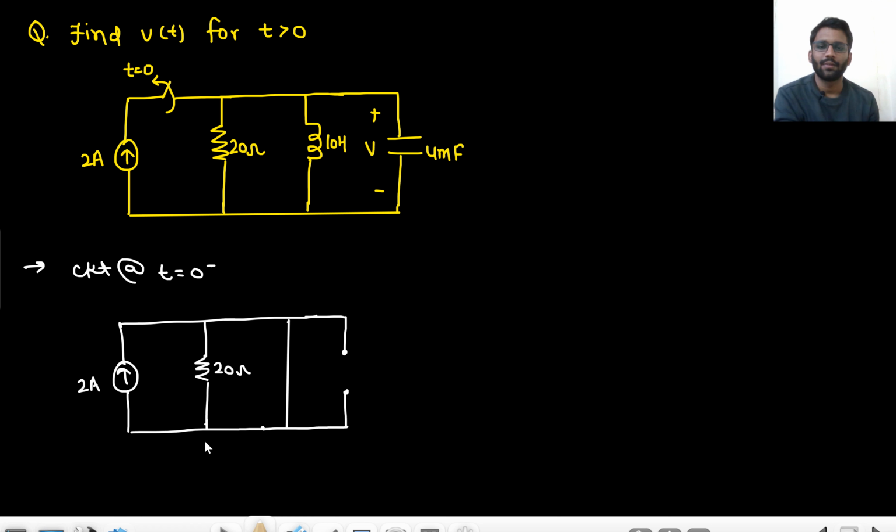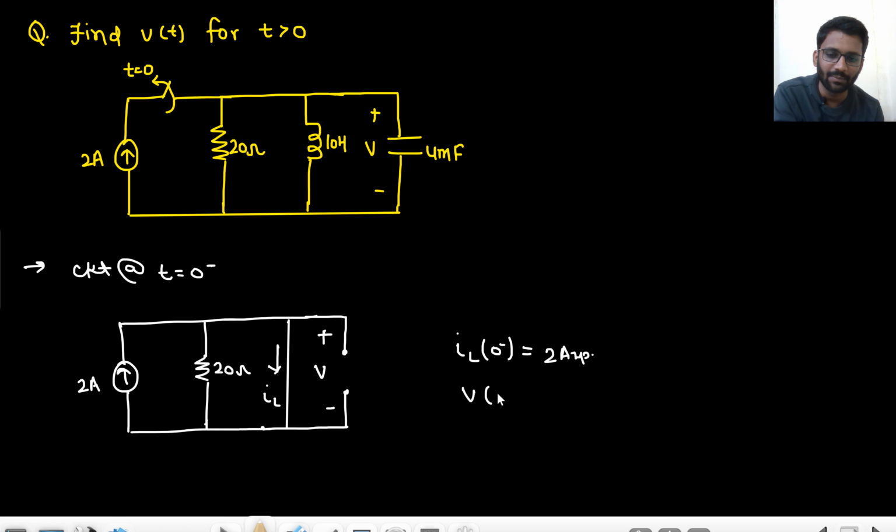This is your V, and let's call this IL. I will be interested in IL at 0 minus because this will be carried forward. IL at 0 minus is 2 ampere, completely flowing through this short circuit path. What will be V at 0 minus? That is 0 volt because this is a short circuit path.